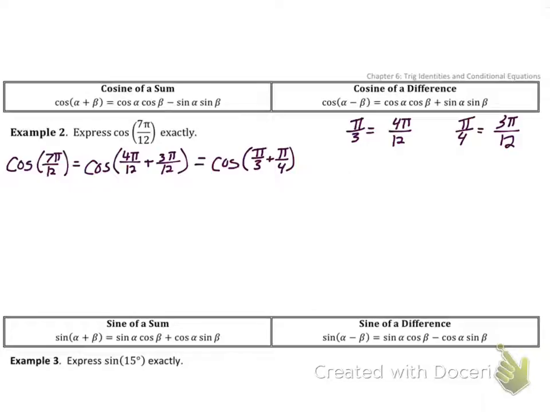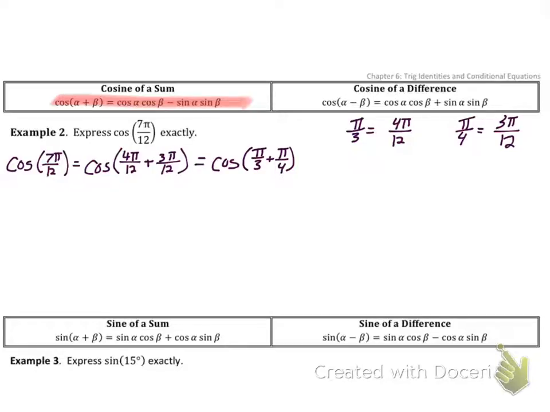Alright, so we're adding, so that must mean we're doing that cosine of sums right there, which unfortunately has a negative sign in it. Alright, this is going to throw you off, so make sure you study and memorize that this one actually has a negative sign in it.